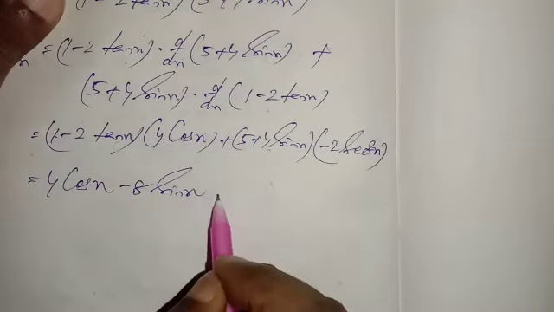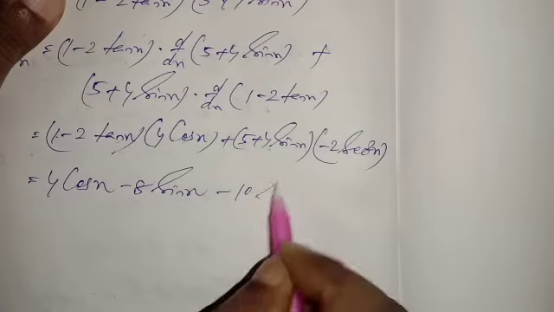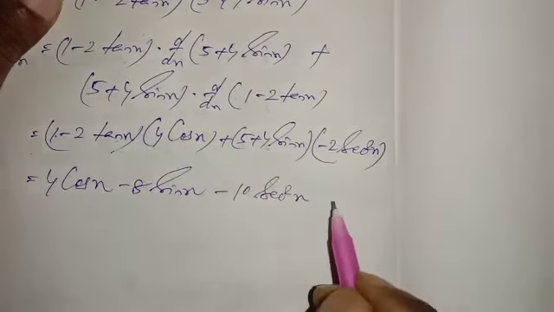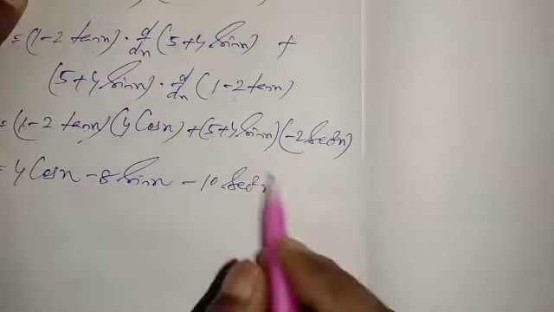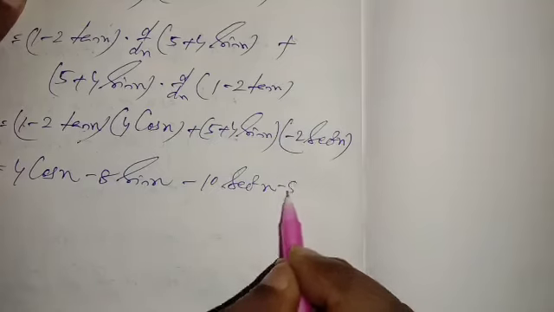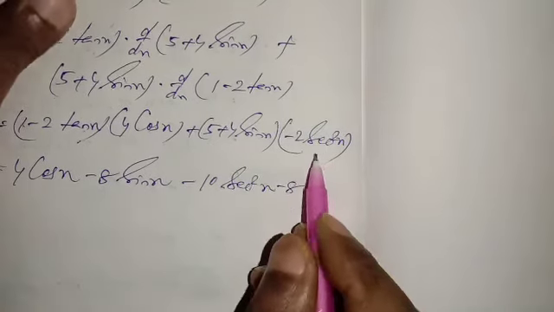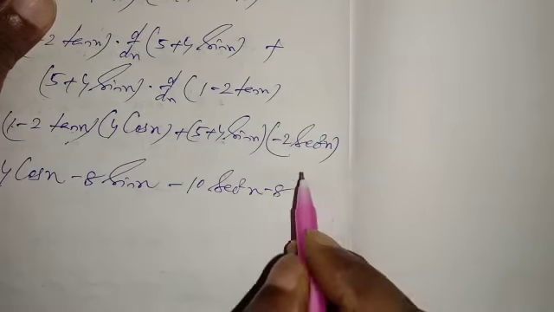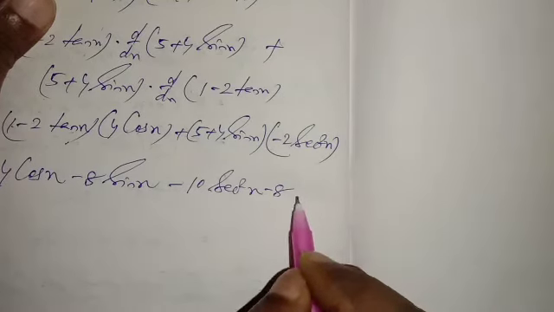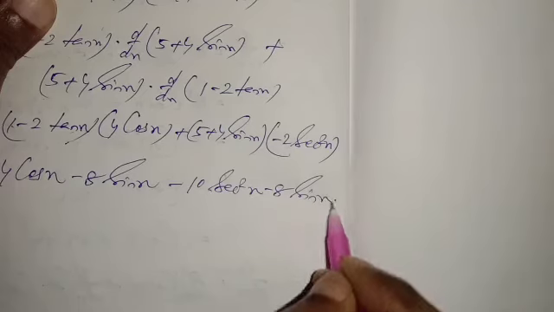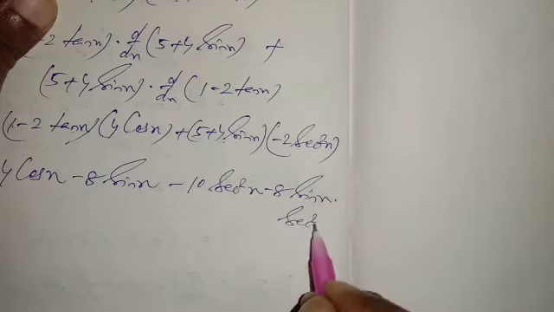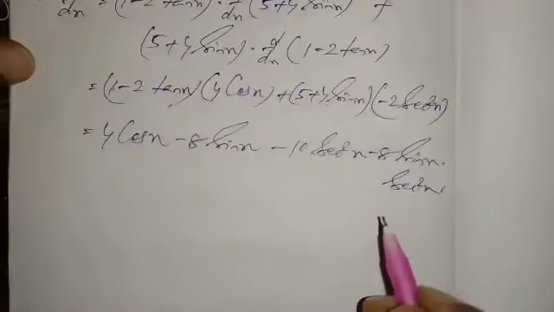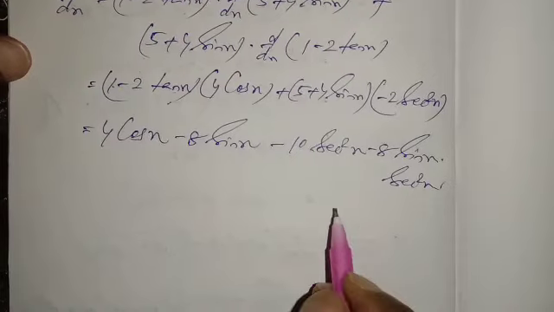Now you multiply this one, minus 5 into 2, minus 10 sec square x, and then minus 8 sin x into sec square x, or sin by cos square x. You can keep it like this. In this way, number 3 second part is also completed.